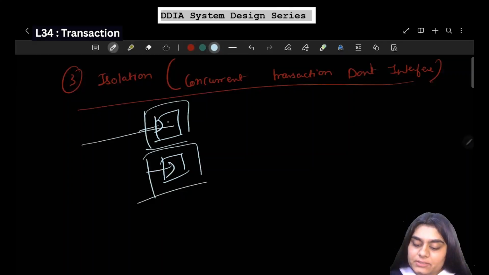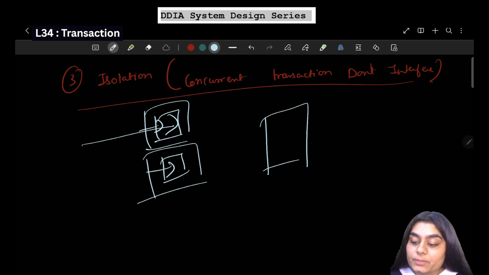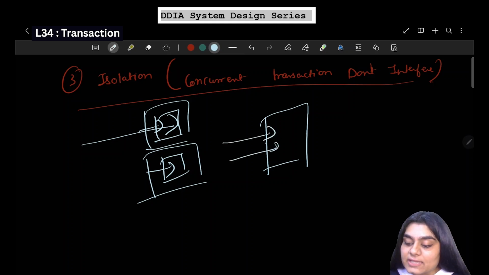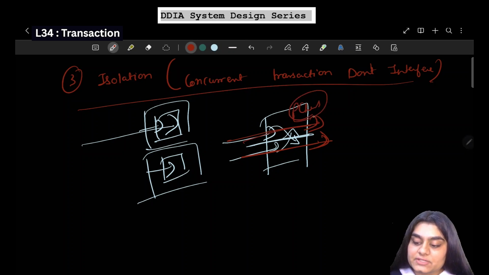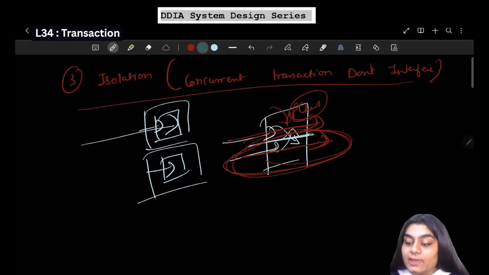Suppose this is a database, and when multiple transactions execute at the same time, isolation guarantees that they do not step on each other's toes. So they will be parallel lines. Think like that. And the partial changes of transaction 1 will not be visible to transaction 2. And the final outcome is as if the transactions were executed one after another in some order.